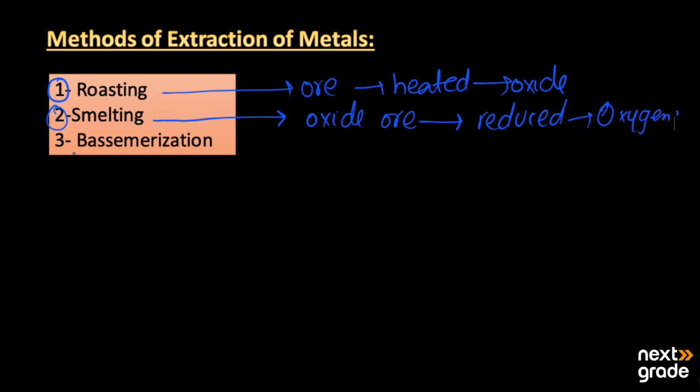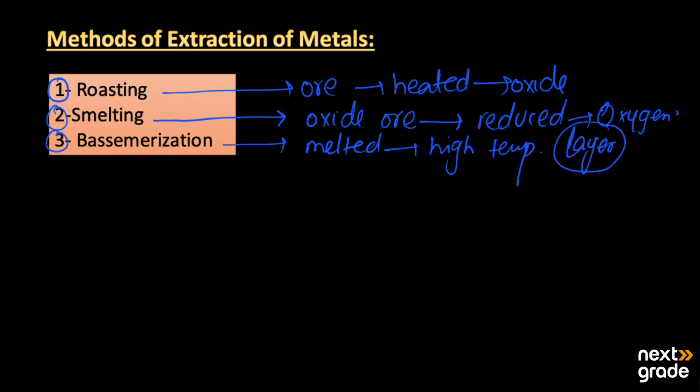The third method in extraction of metal is known as mesmerization. In this process, the metal is melted at high temperature and converted into different layers, and then it is separated from its main layers.